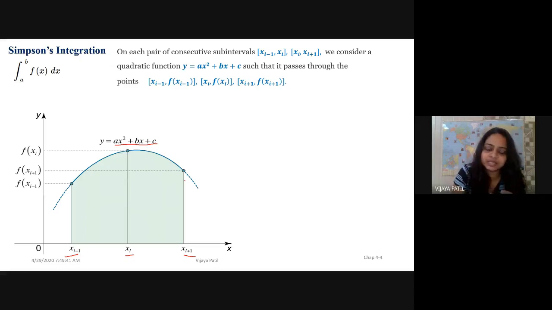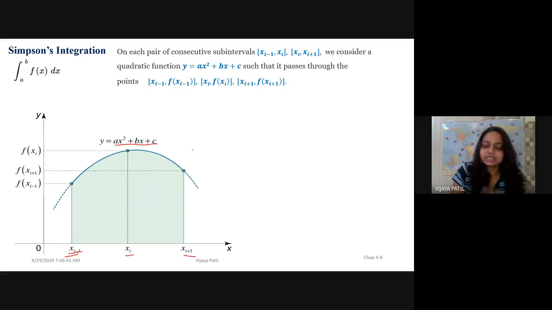Now I have to integrate. If I want to have the area under this quadratic curve, I need to integrate this function from the point xi minus 1 to xi plus 1.